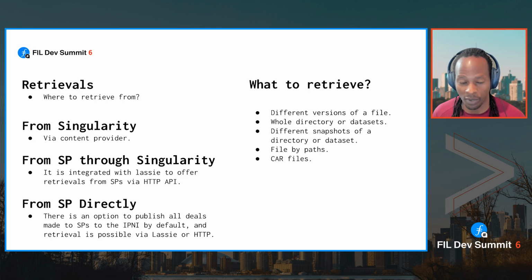You could also retrieve directly from the SP, or if you're leveraging Lassie, going through the API. Provided the SP supports a retrieval protocol, HTTP, GraphSync, and the rest, Singularity supports that. And you can retrieve different versions of a file, a whole directory or data sets, snapshots, all that.